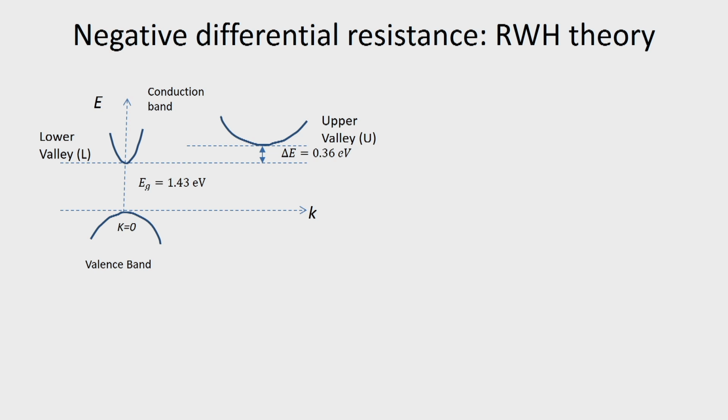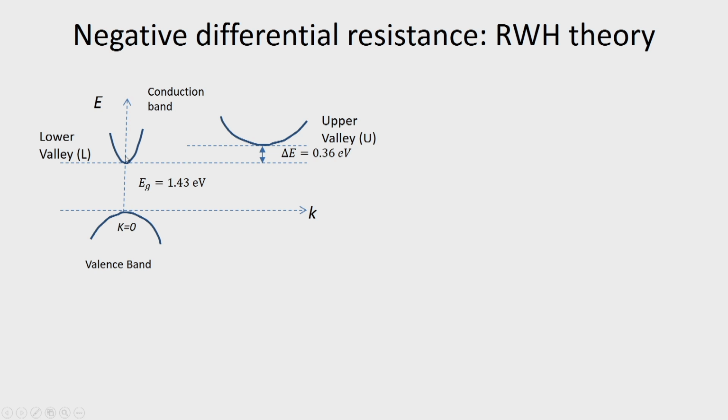So, we have gallium arsenide, which is a direct band gap material with Eg equal to 1.43 electron volt, and we can see that the maximum of the valence band and minimum of the conduction band are aligned in the E-k diagram.